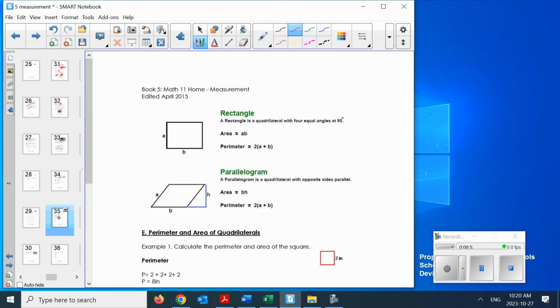A parallelogram, on the other hand, you'll often see a diagram with the height given in the middle through a dotted line. It's still base times height, though. Some people ask, why does it work that way?